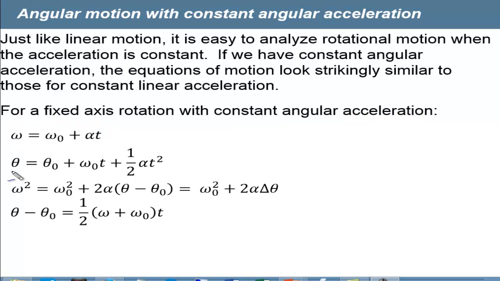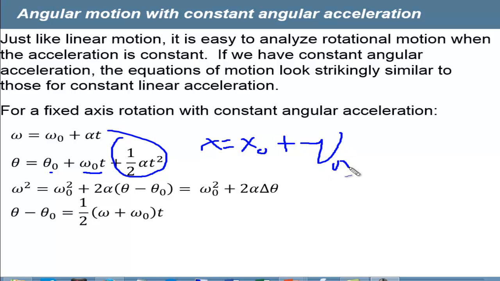We also have theta is equal to theta naught plus omega naught t plus 1/2 alpha t squared. This comes from x is equal to x naught plus v naught x t.